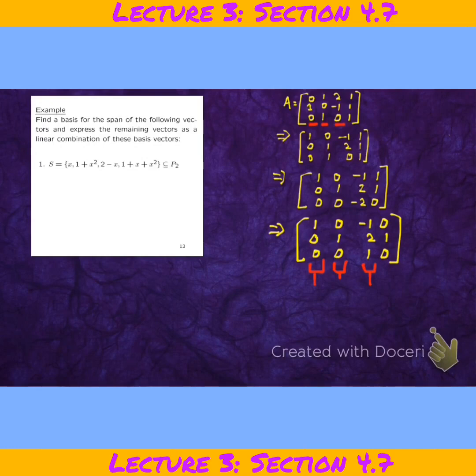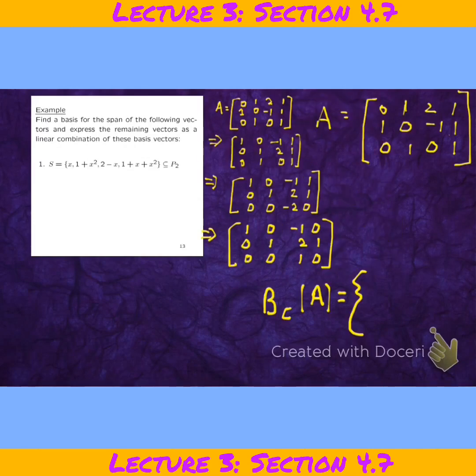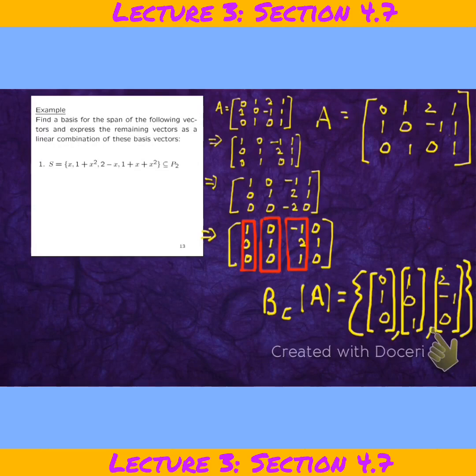So therefore, the basis for my column space of A is going to be: there's my first vector, there's my second vector, and there's my third vector. So there's my completed basis for my column space of my matrix A.